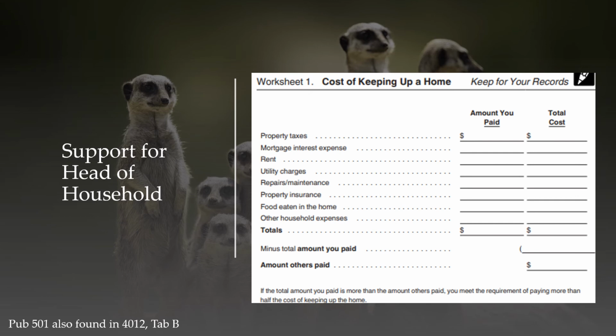So not individual expenses, but household expenses. Then there's a column for the amount that our taxpayer paid, and a column for the total cost. Down below that, you have a comparison of how much the taxpayer paid to the amount that others paid, to help you determine whether or not the taxpayer contributed more than 50% of that support in order to qualify to file as head of household.